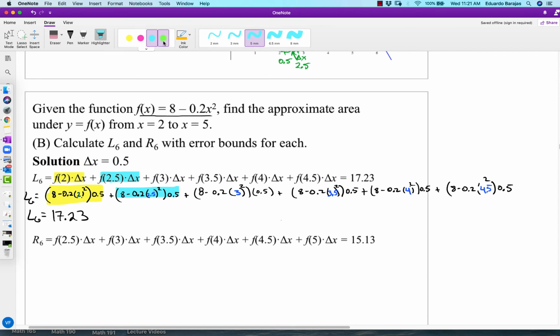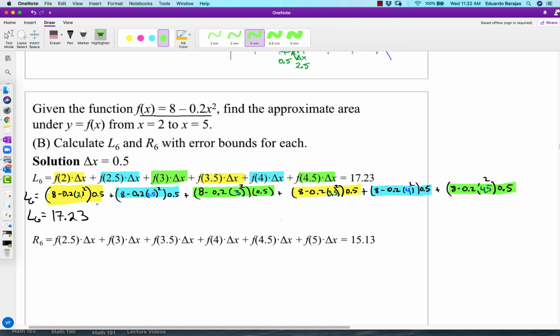And the next one after that ends up being this one, and this one gives you that one, and so on and so forth. Finally, this one is the result of that one. So there you go: 1, 2, 3, 4, 5, 6 different rectangles.